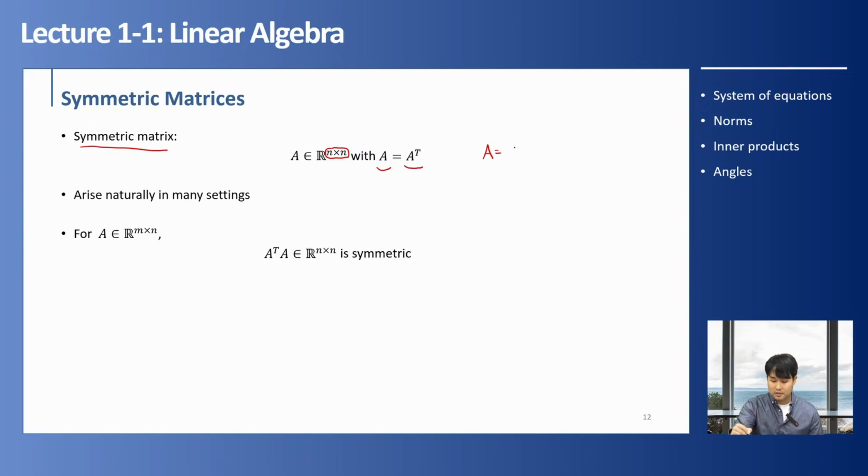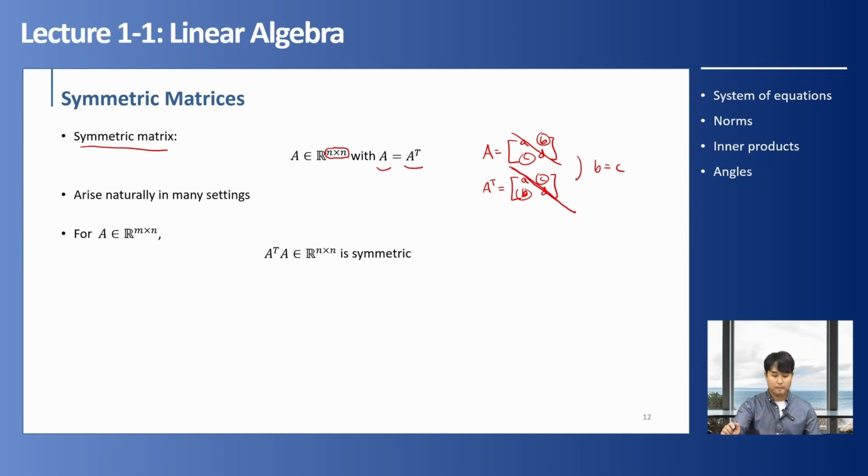So for instance, if I define A as the following, for A to be symmetric, if I write out the transpose, you can see that regardless of the diagonal elements, these have to be identical, implying that B is equal to C. Now the key takeaway here is that symmetry is defined with respect to the diagonal axis instead of any other axis.